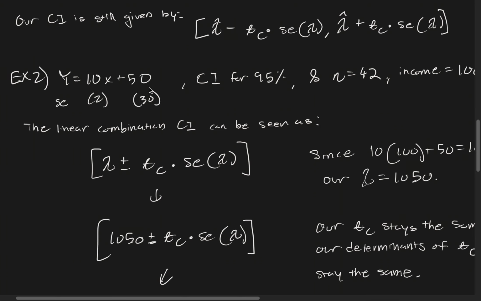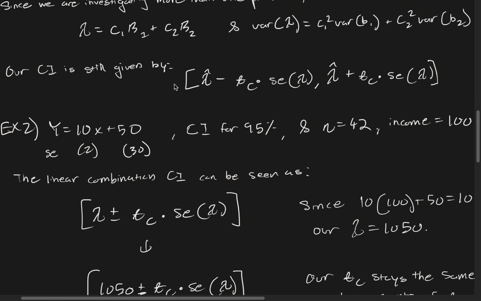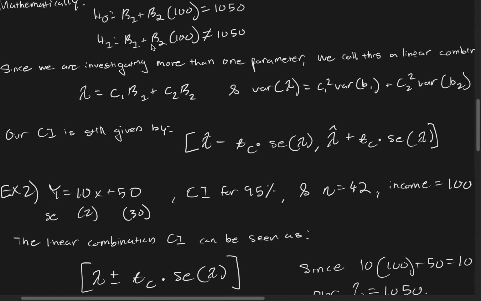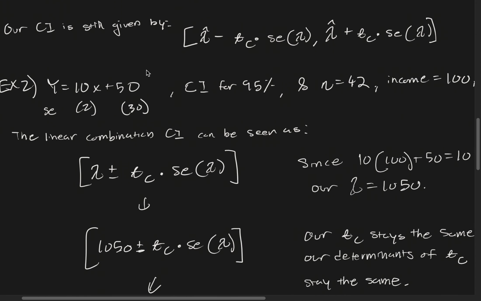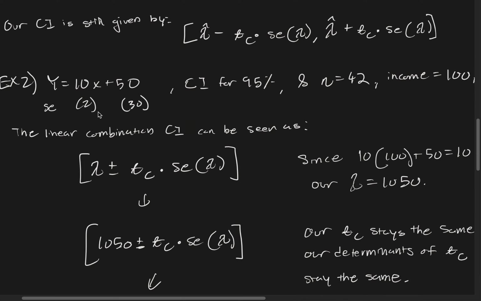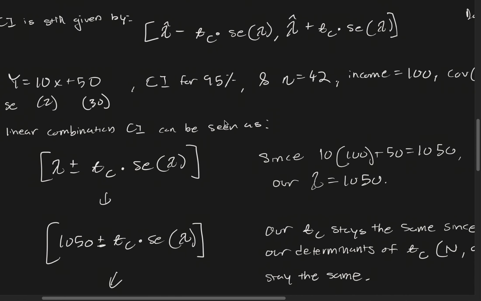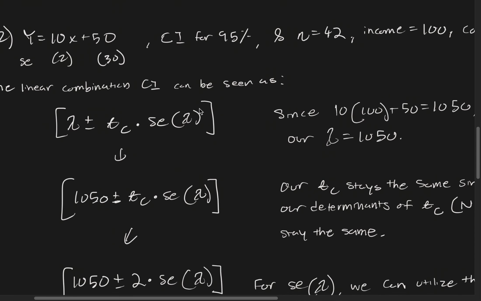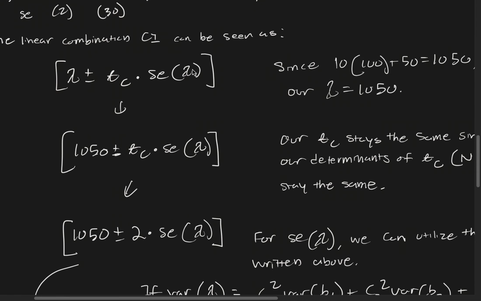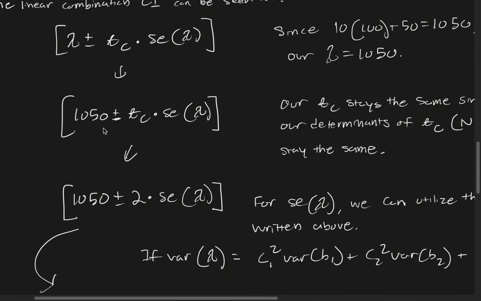So given all that, we want to create a 95% confidence interval for our whole function of the food expenditure: what our food expenditure will be given all these circumstances and given that our income is 100 and all whatnot. So we have our default equation here. We have 1050 because that's what we got if we plug in 100 times 10 plus 50.